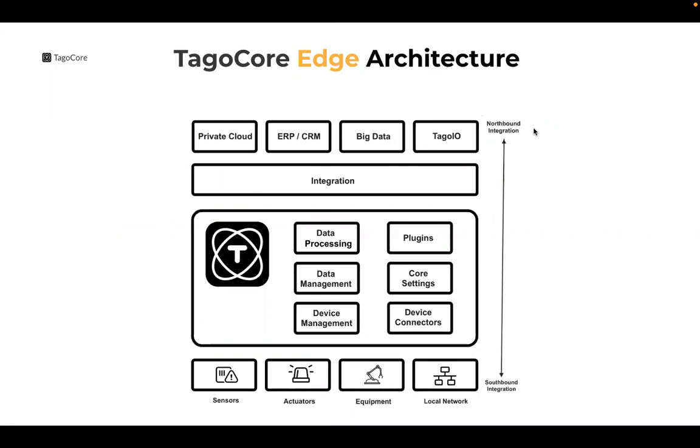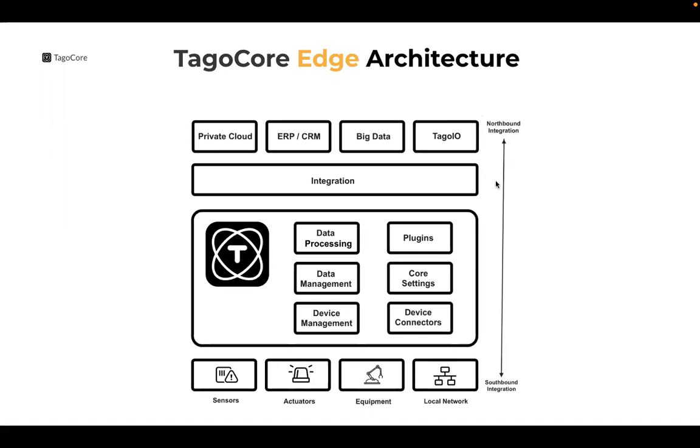TagoCore. Here we have a picture with, on the top, the northbound integration, so stuff like private cloud, big data, Tago.io, and in the middle we have the actual features of TagoCore. So we have data processing, meaning you can process data in TagoCore. You can create and install plugins via JavaScript. So if you want to create a plugin, you need to use the JavaScript language.